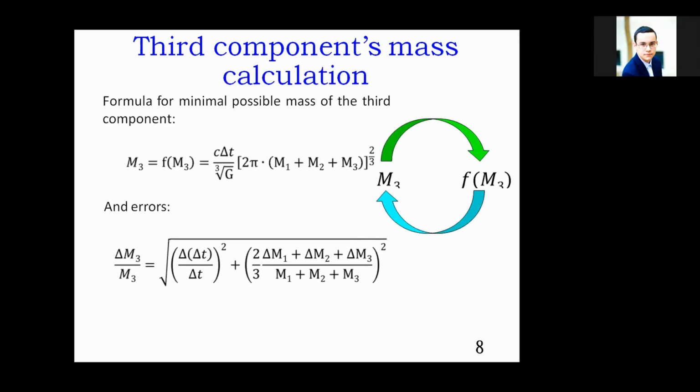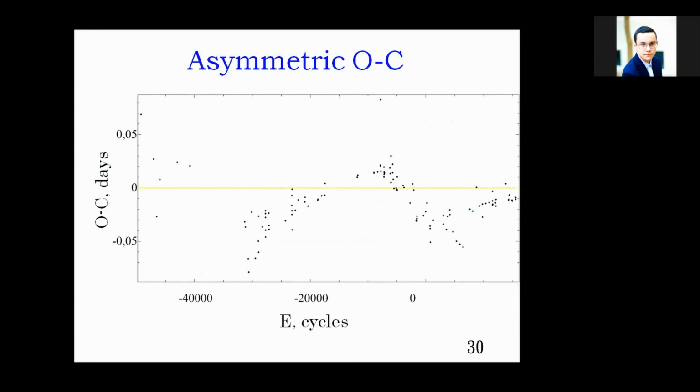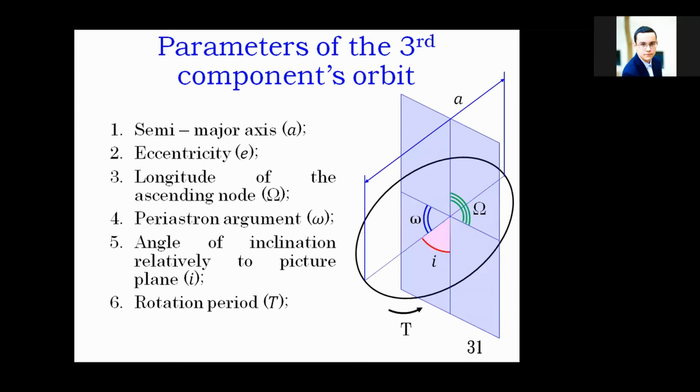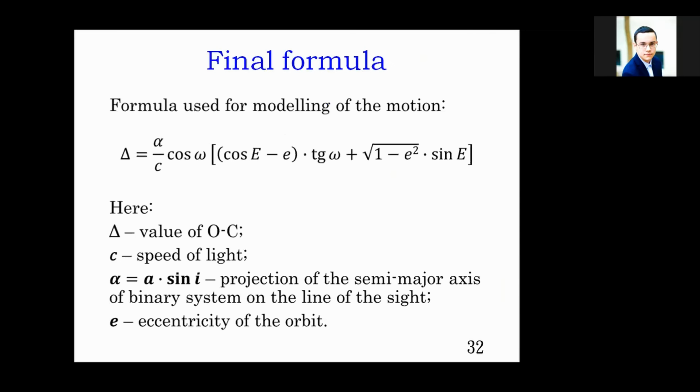So to compute the mass of the third component, we need to calculate it several times, putting the first value, for example, 0. Then it will be more and more accurate with each next iteration. Finally, we detected that some stars have an asymmetric O-C curve. We explained it as a possible elliptical orbit of the third component and computed 6 main parameters of this orbit: the size, the major axis, eccentricity, 3 angles of inclination, and period of rotation.